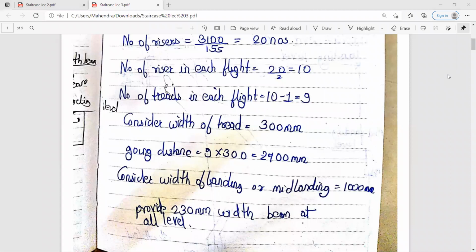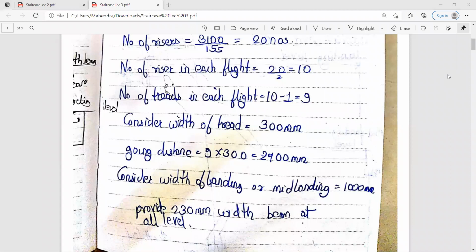Again, you need to assume the width of landing or mid landing. So width of landing and mid landing is assumed to be 1000 mm. Width of landing and mid landing आपने कितना assume किया है? 1000. And going distance you had considered it as 2700.